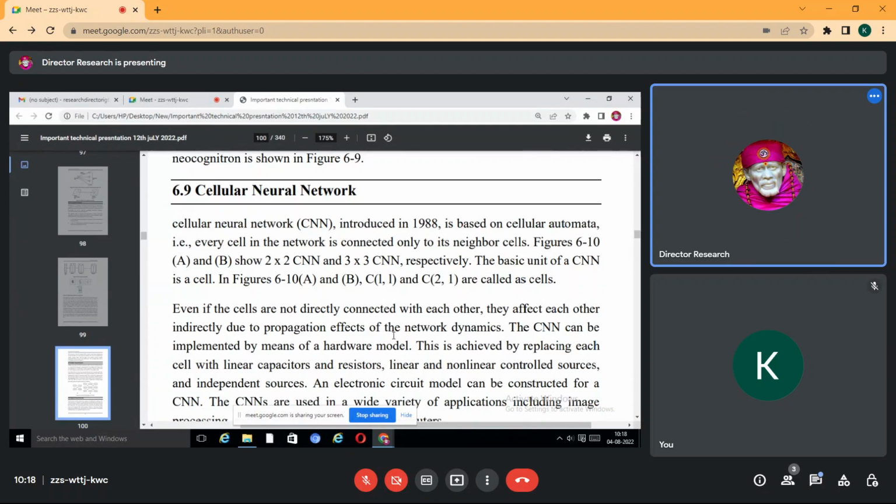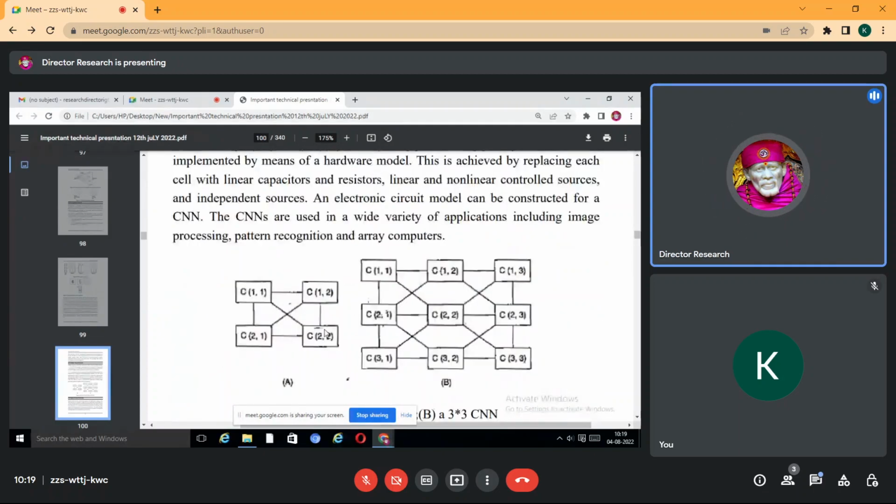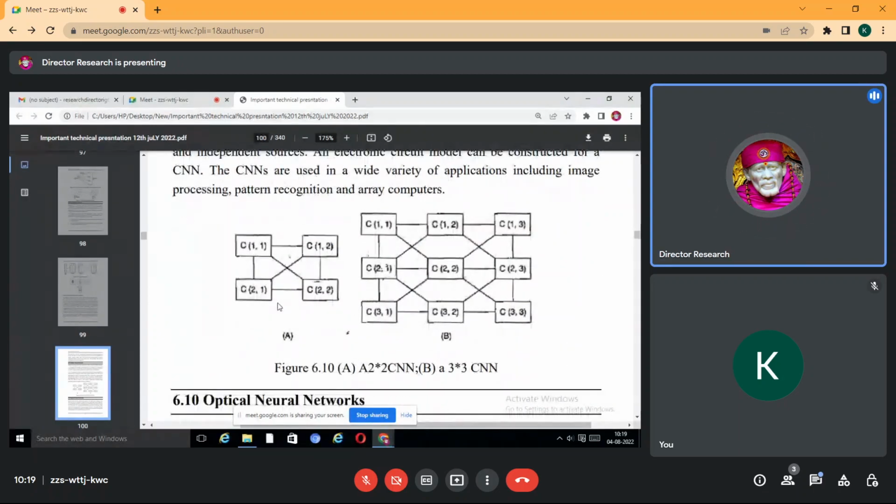Figures A and B show 2 by 2 and 3 by 3 cellular networks respectively. The basic unit of a cellular network is a cell, as shown in the figure below: 1 by 1, 1 by 2, 2 by 1, 2 by 2, they are matrices.